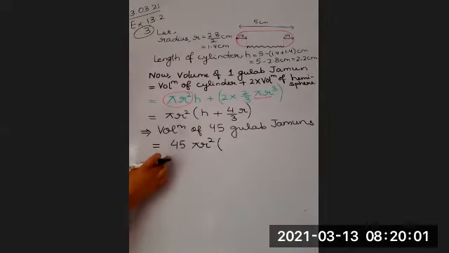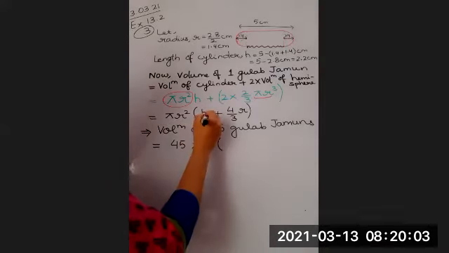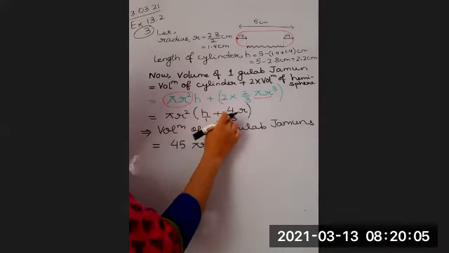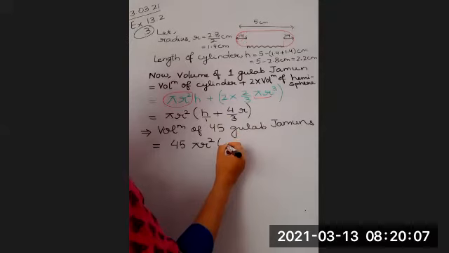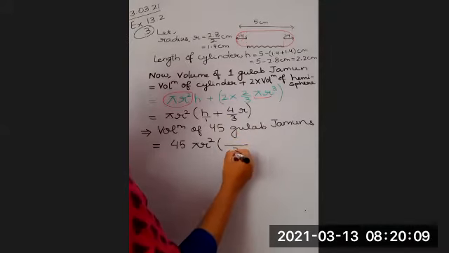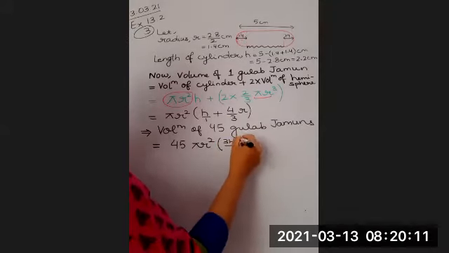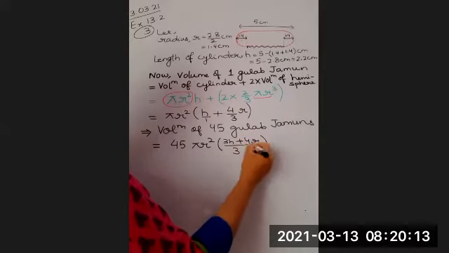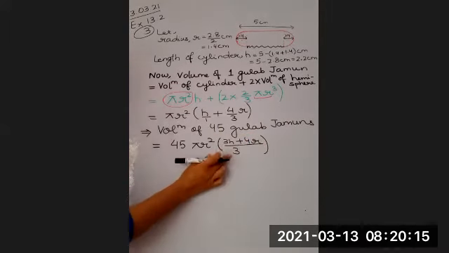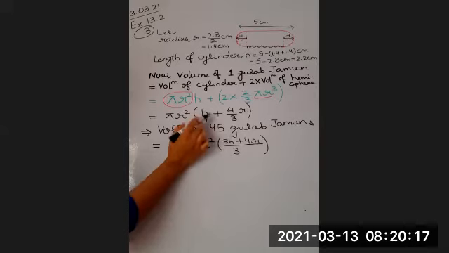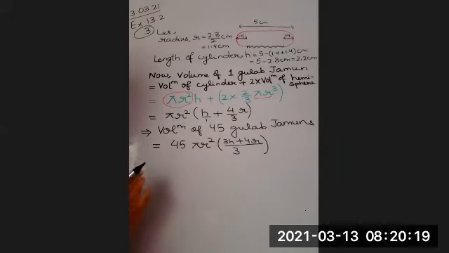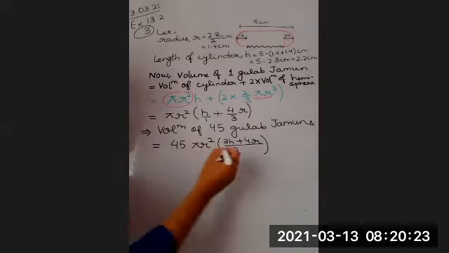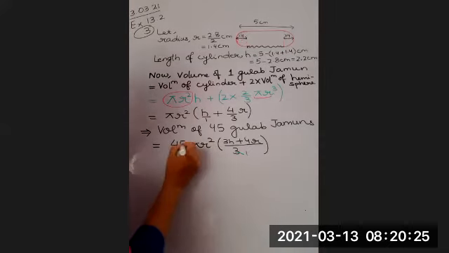And beta, if you take LCM, 3 and 1, what is the LCM of 3 and 1? 3. So I have taken LCM in this step. So this will be 3H plus 4R. Right? So in the next step, we can cancel this 3 and this 45.